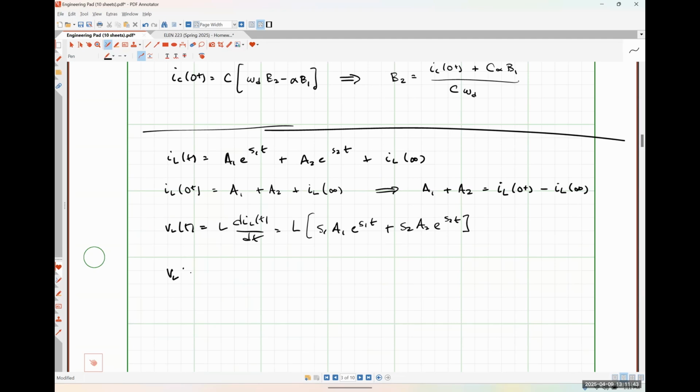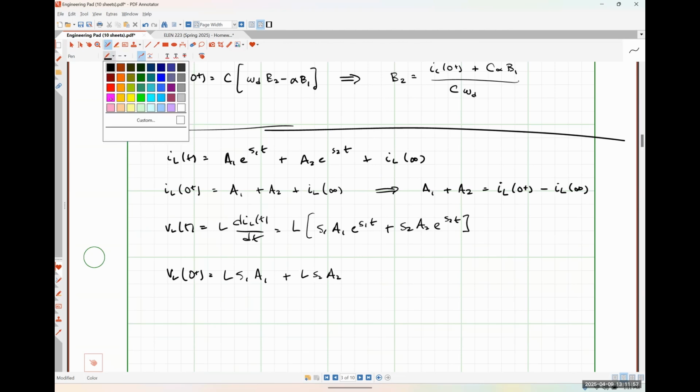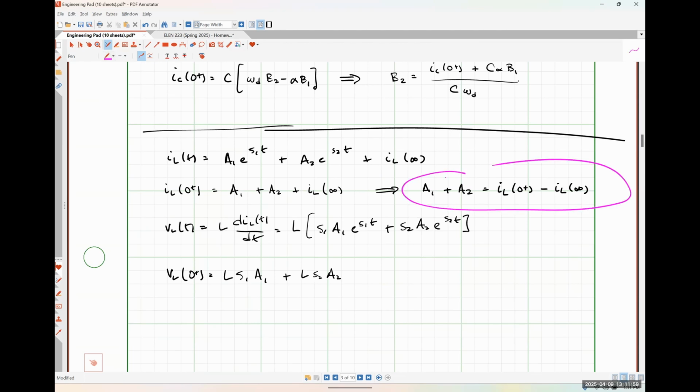So VL at 0 plus is just going to be L S1 A1 plus L S2 A2. So this is our first equation to put in our system solver. This is our second equation to put in our system solver. And then we have to solve that system simultaneously. It's the only one we actually have to solve simultaneously.